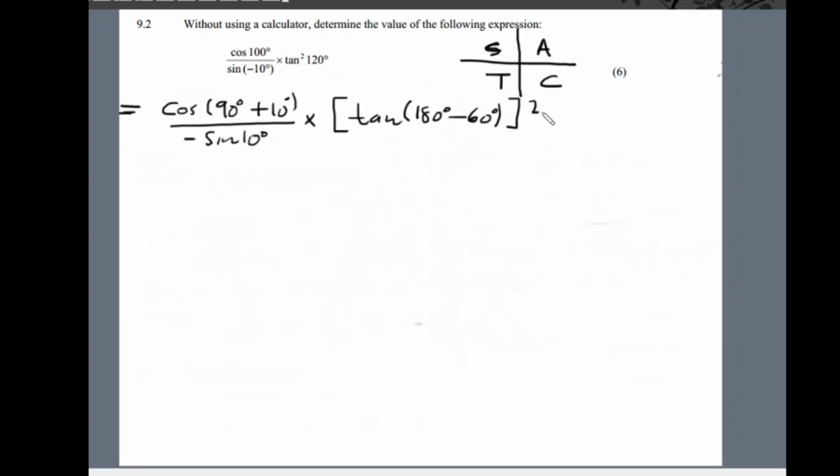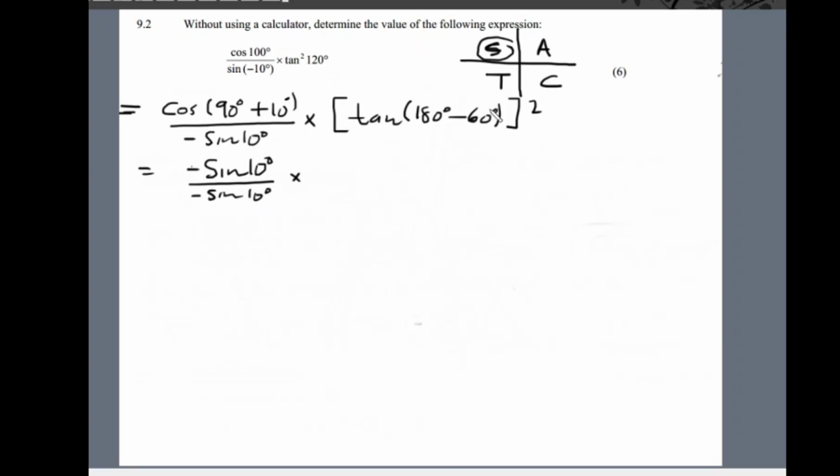This is all squared. And then from our CAST diagram, 90 plus 10 will throw us into the second quadrant, and in the second quadrant cos is negative. But because we have 90 plus, this will change to sine, because sine and cos are cofunctions. Right? Now here we'll have minus sine 10 divided by minus sine 10 degrees.